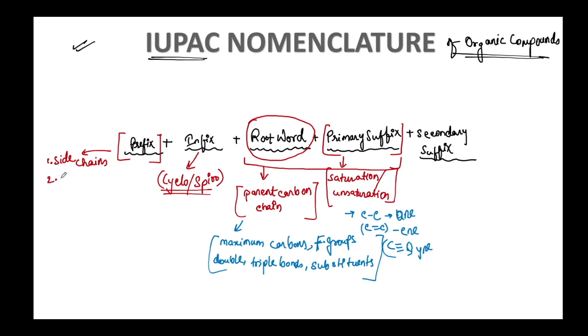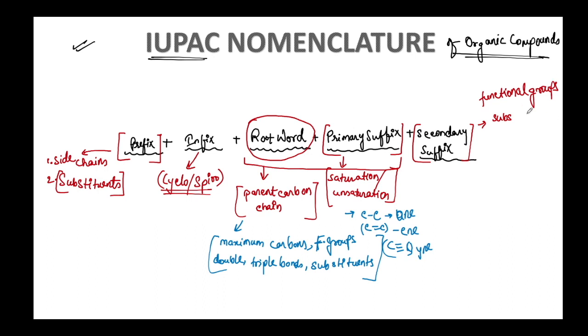Second, we use the prefix when we have substituents with lower priority. Guys, this is so important: substituents with higher priority become the secondary suffix. Substituents or functional groups, I will write, functional groups are actually substituents only, right?